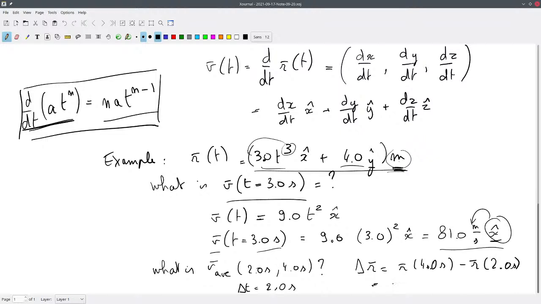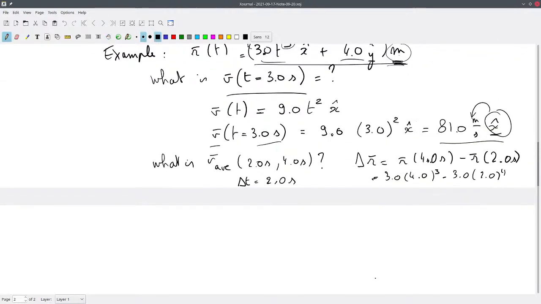For the x component, we'll get 3.0 times 4.0 to the third power minus 3.0 times 2.0 to the third power. And if you plug in the numbers, you'll see that that gives us delta r. And all of this is in the x direction in units of meters.